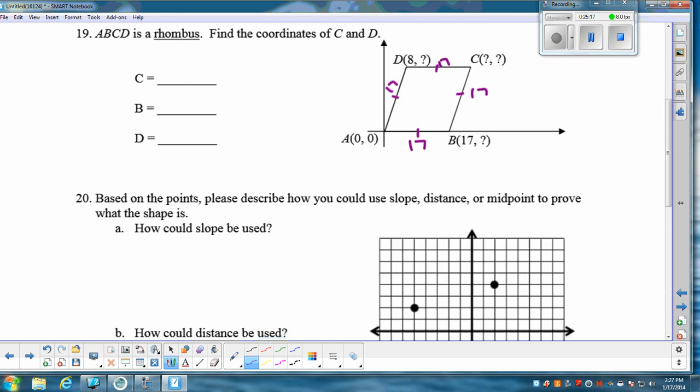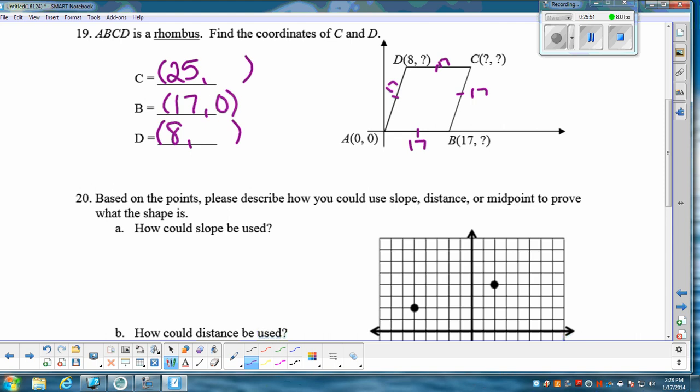Since AB is horizontal, our y value is never going to change, which leaves point B as the point 17, 0. When we find the y value for point D, C is going to have the same y value. To find the x value, though, for point C, well, we know we're starting from 8, and we need to have a length of 17. So let's add 8 plus 17 to get our x value of 25.